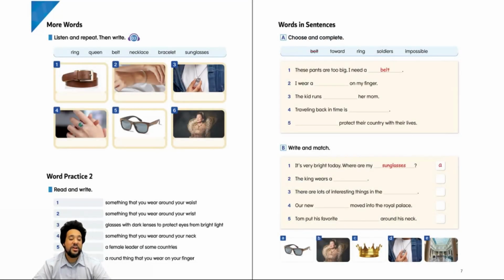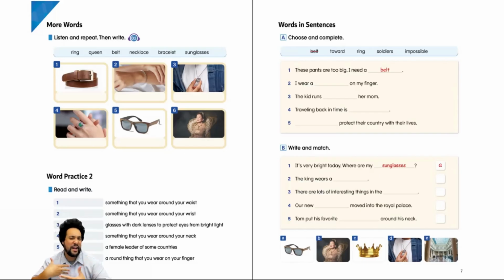All right. Now that we have gone through our more words and our keywords and we've practiced both, I think we can make a guess as to what accessories are. Do you have an idea? That's right. Accessories are things that we wear or use to complement the main things that we have.